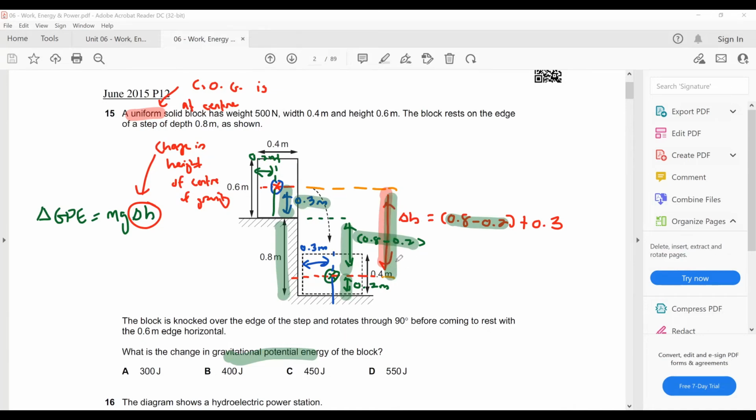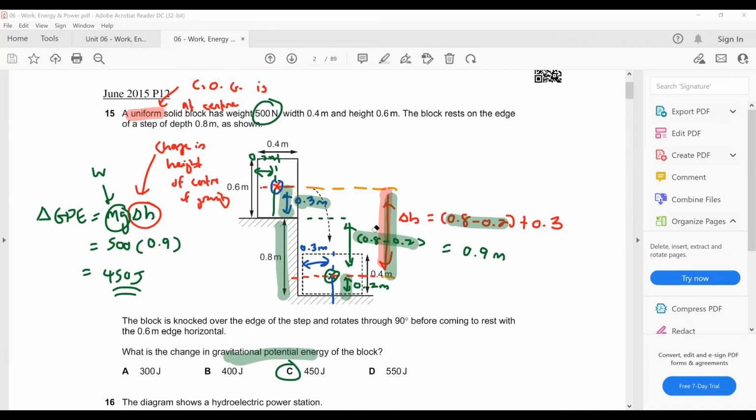So mg delta h would just be this one. mg is weight already, and this is already weight. It's just going to be 500 times 0.8 minus 0.2 plus 0.3, giving you 0.9. And this is 0.9. 500 times 0.9, you're going to get 450 joules. So answer is C. Be careful about the changes in height.